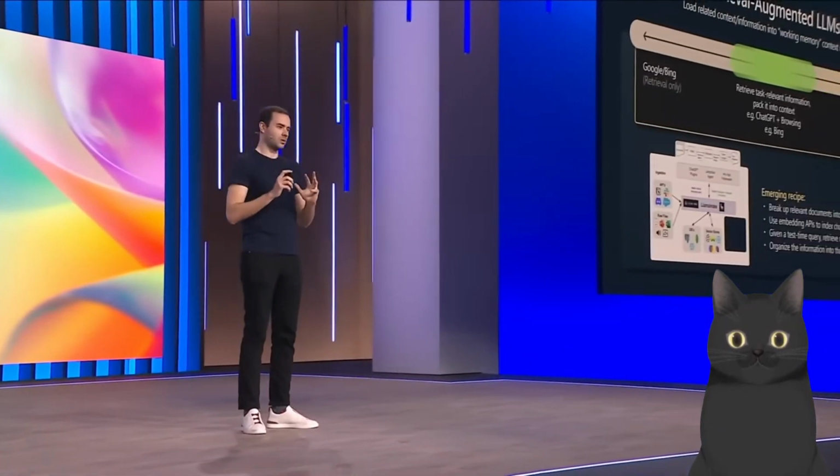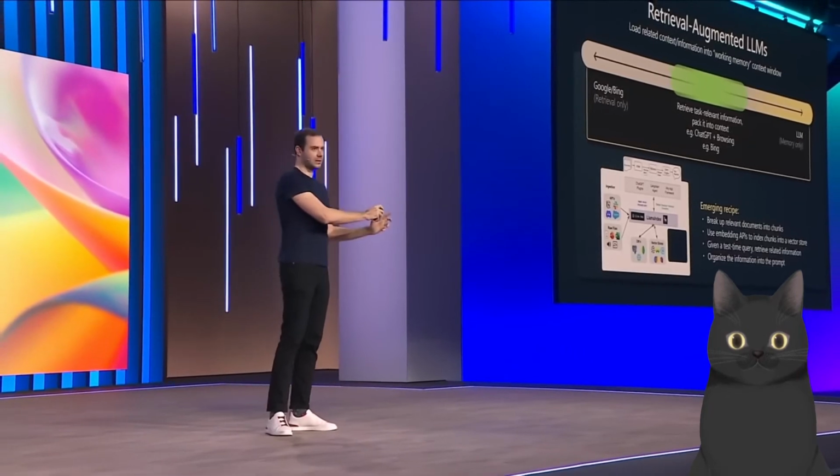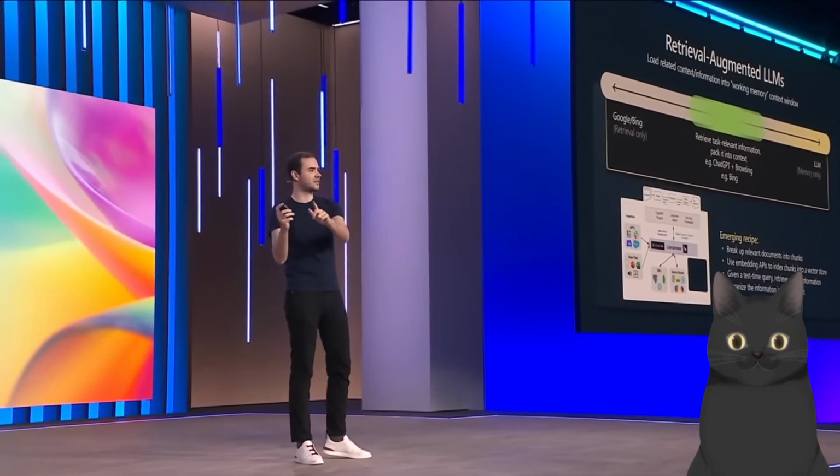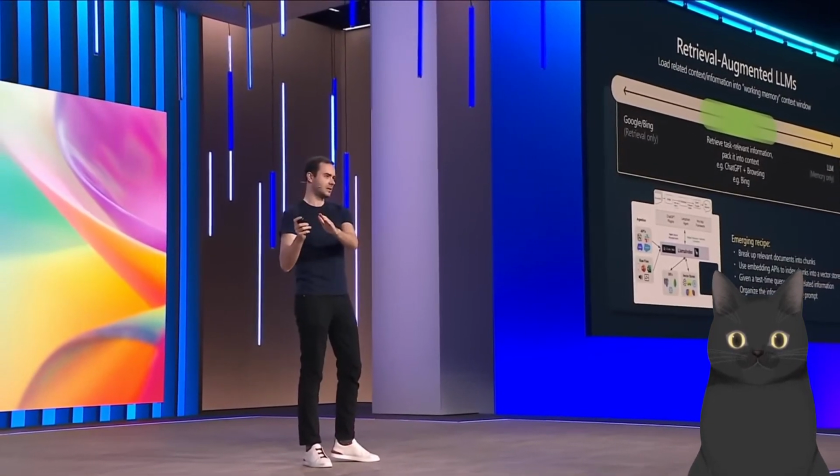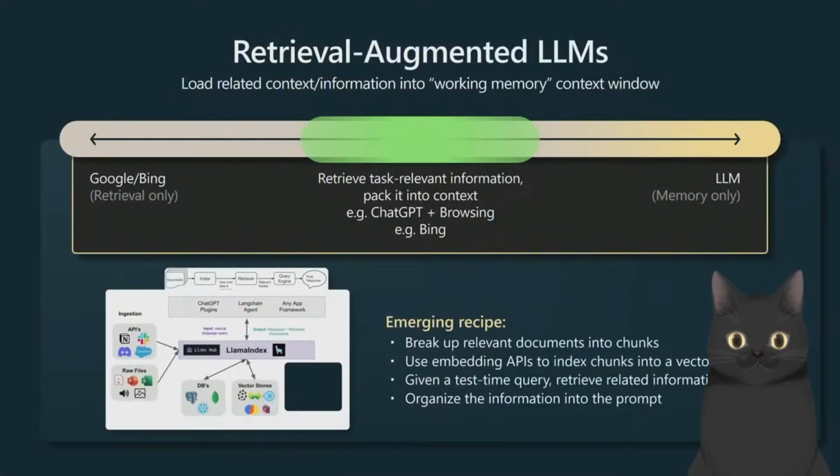Next up, I think something that is very interesting is we went from a world that was retrieval only all the way, and the pendulum has swung to the other extreme where it's memory only in LLMs. But actually there's this entire space in between of these retrieval augmented models, and this works extremely well in practice. As I mentioned, the context window of a transformer is its working memory.